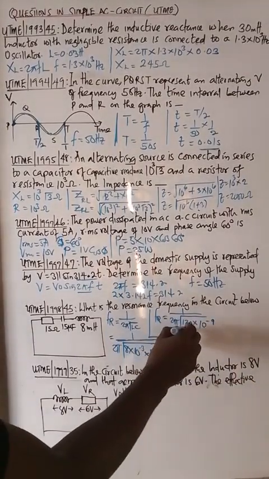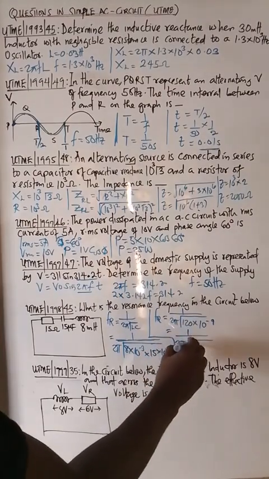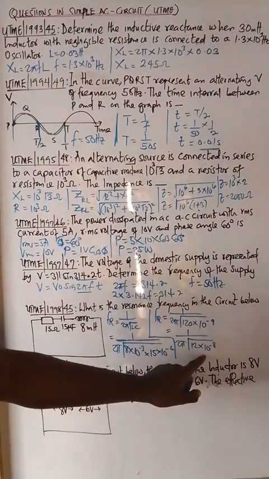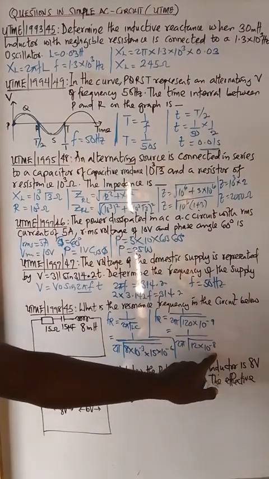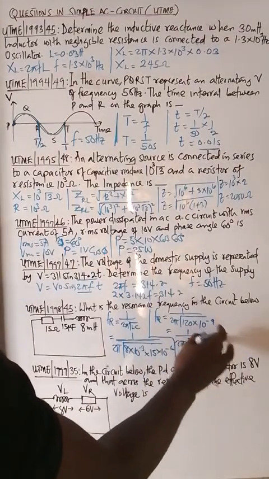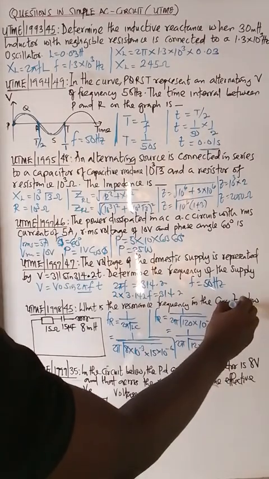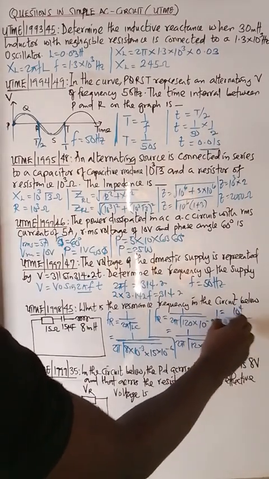So this is 1 over 2π root 12 times 10 to the power of minus 8. Now the square root of 10 to the minus 8: I divide 8 by 2, that is 10 to the minus 4. If I take it up, that will be 10 to the power of 4. So this becomes 10 to the power of 4 over 2π root 12.